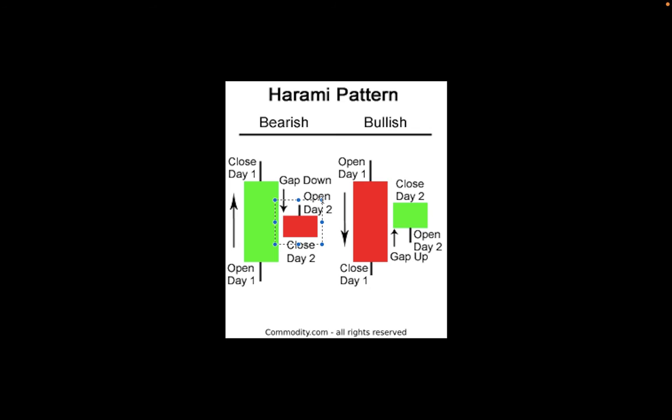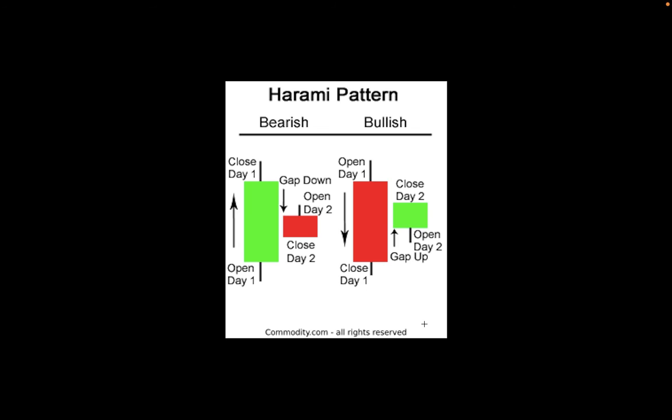The bullish momentum decreases after the pattern appears. The longer the candles, the more chances of reversal. This pattern can appear in both downtrend and uptrend.